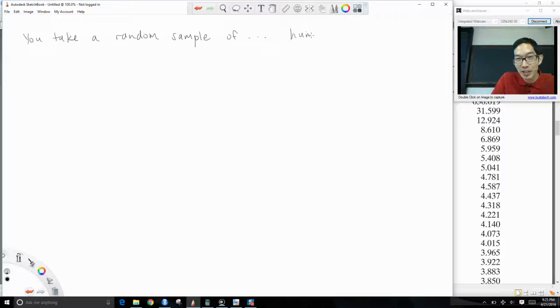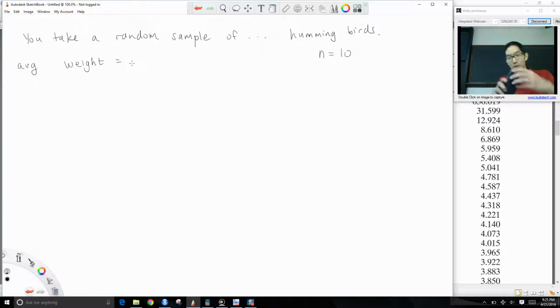Okay, so we obtained some random samples of hummingbirds. I don't know how we did, but we managed to do it. We weigh them and get the average weight. We'll say we have 10 hummingbirds.